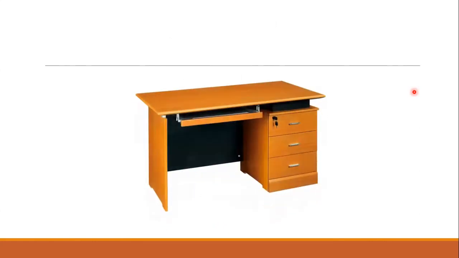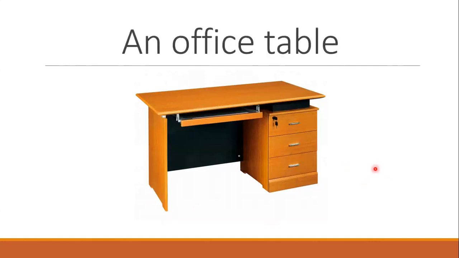Now let's go with this one. This is very familiar, right? But it has a maybe not very familiar name for everybody. So the name here is an office table. Many people can say it's a desk, but according to the information I found, this is an office table.